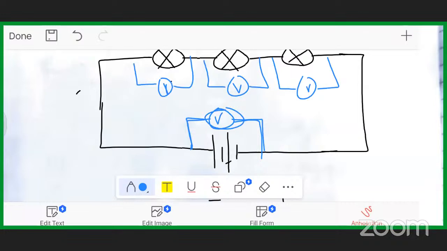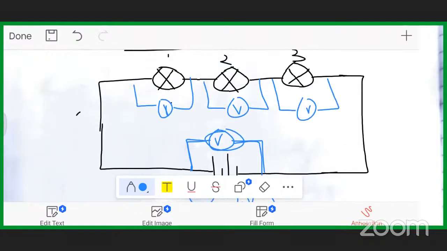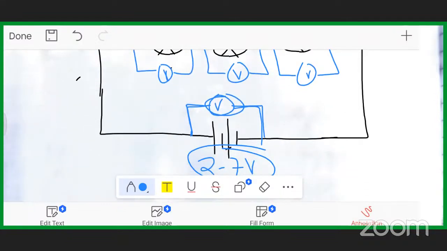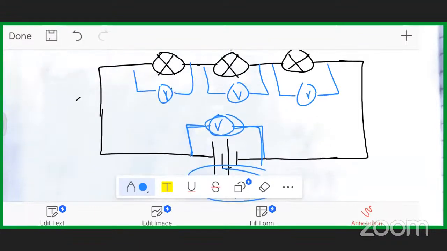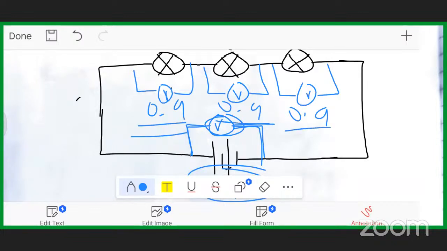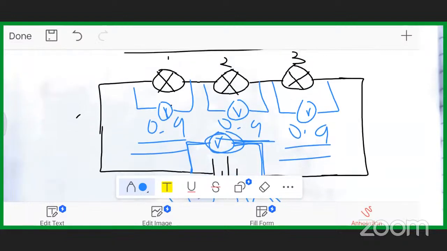For instance, if these are 2 dry cells, so that the voltage is around maybe 2.7 volts, then if you measure the voltage, if the bulbs are identical, they will share it equally, so that this will be 0.9, this 0.9, and this also 0.9. So the total voltage drop across the bulbs will add up to the supply voltage of 2.7 when they are connected in series.